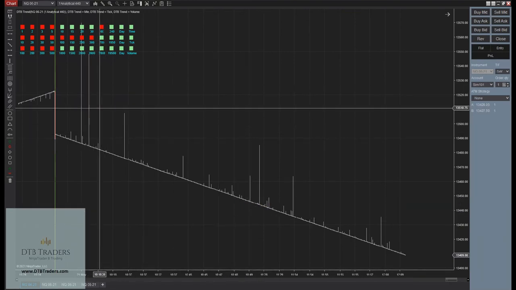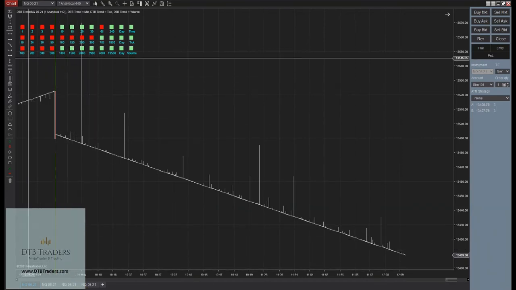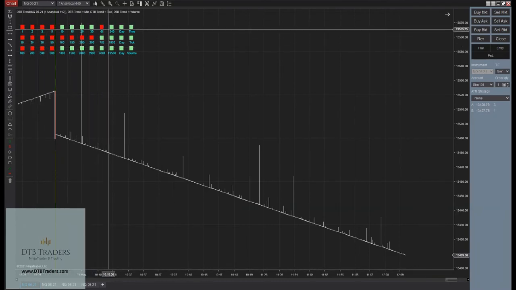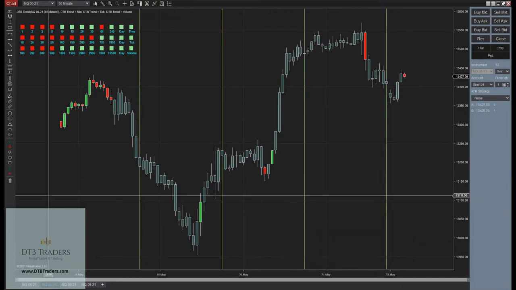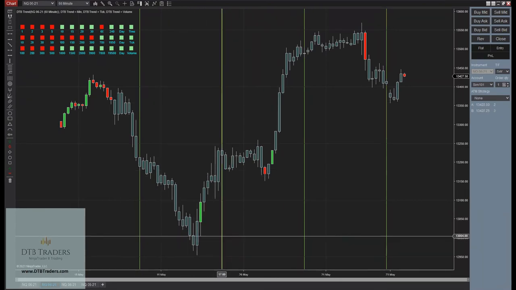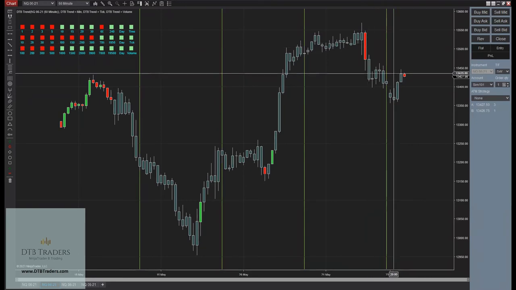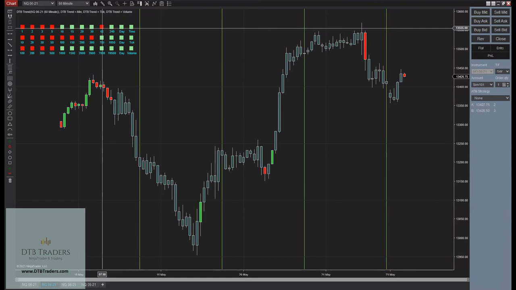With regards to this indicator, this replaces 30 charts. Instead of having 30 charts open to monitor all the different trends, you can just have that one indicator. Here is an example of the 60-minute chart, and this is the trend for the 60 minutes. At the moment, the last bar is red and the price is below that, so the price is in a downtrend. That's why the box of the 60 is red.